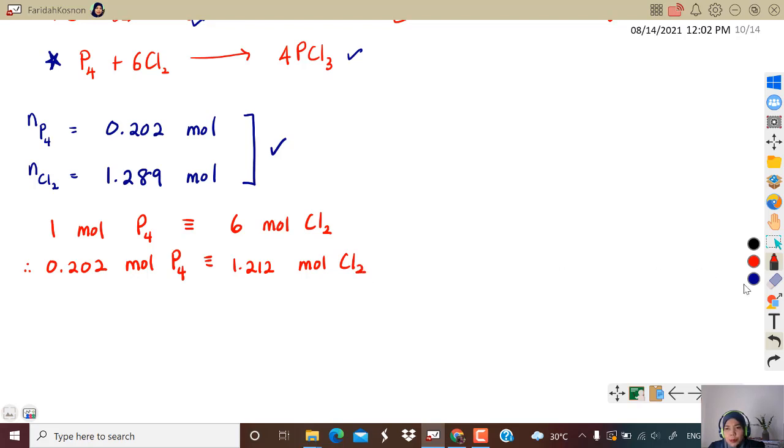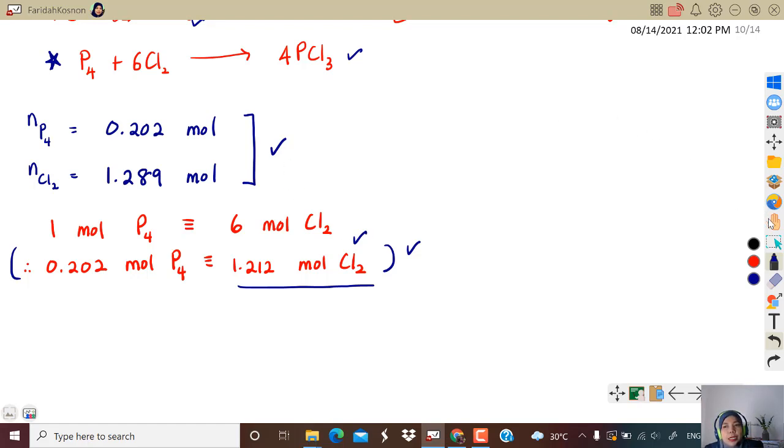So kalau saya salah nanti bagi tahulah ya. Okay, so this relationship mesti ada and this mole of chlorine mesti ada. Since kita dah dapat mole of chlorine, jadi sekarang kita compare mole of chlorine yang kita jangkakan needs 1.212 mole ini, dengan mole yang ada.